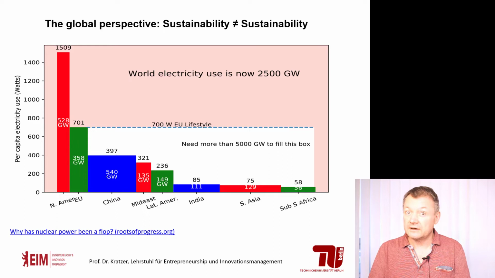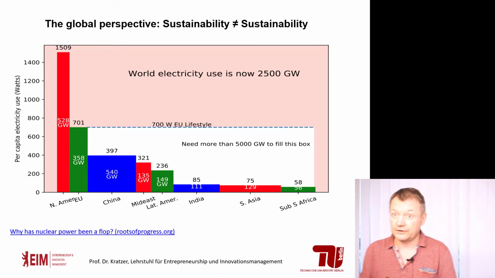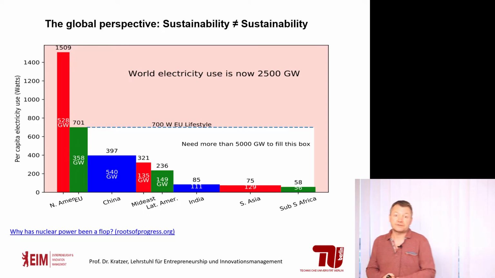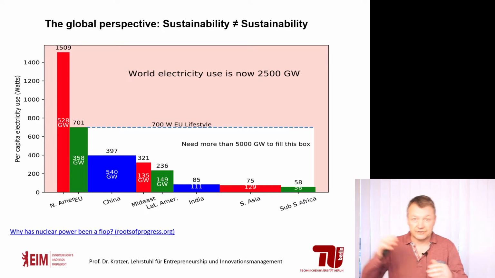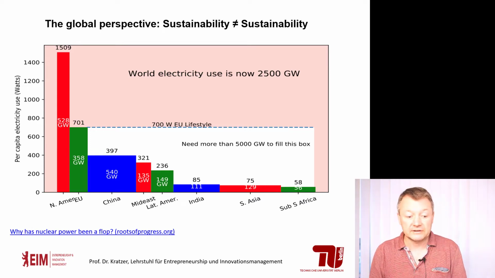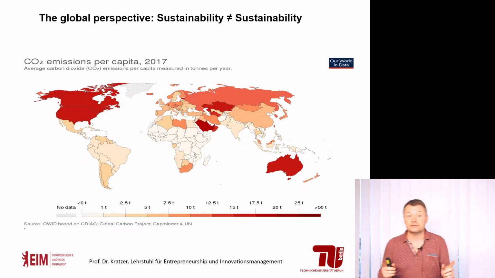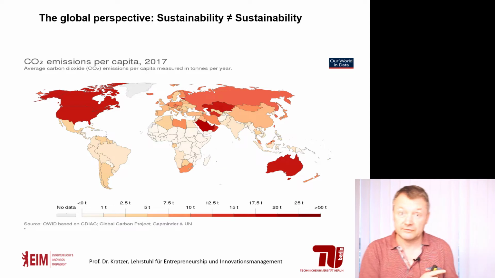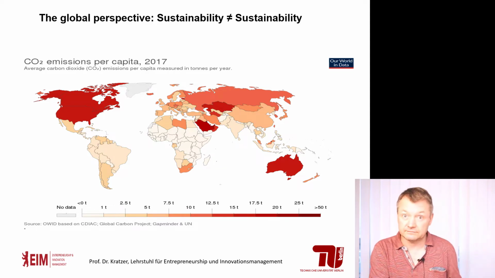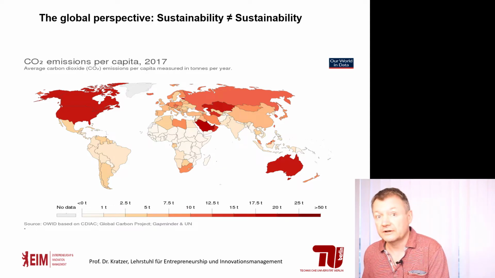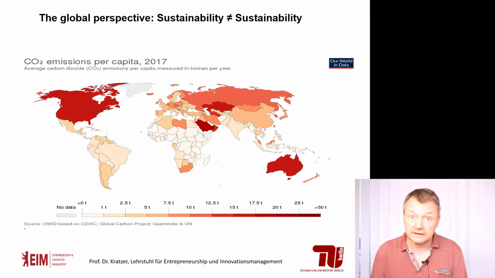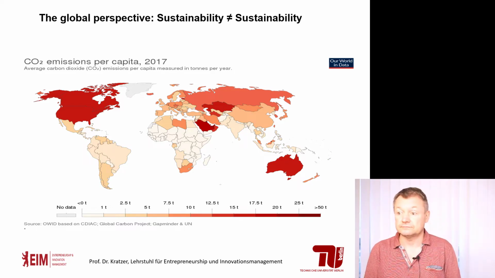So taking different goals out of this list of the 17 development goals, you can see sustainability from very different perspectives. If I look at the CO2 emissions, those are actually the countries where a lot of the sustainable development goals have been achieved by producing a lot of electricity and using a lot of resources that lead to the emission of CO2.